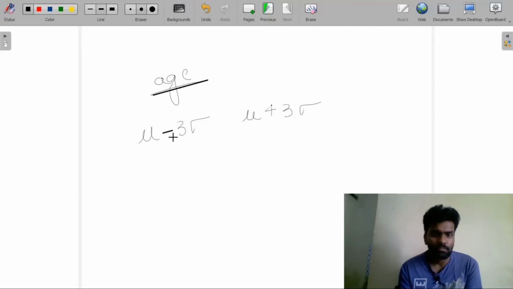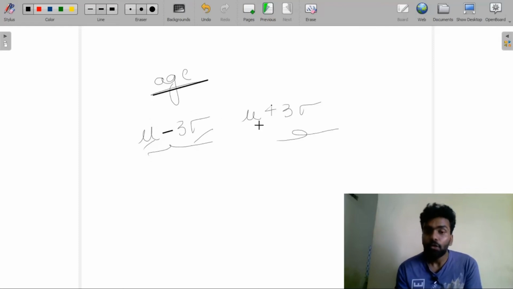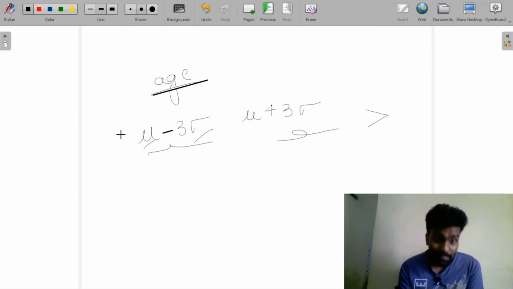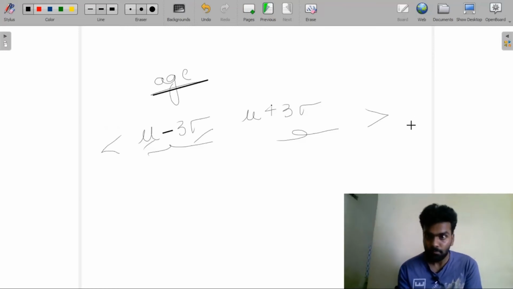If you have the data, you can find the mu and sigma, and using that you can find mu minus 3 sigma and mu plus 3 sigma. Now you can remove all the values which are greater than mu plus 3 sigma and less than mu minus 3 sigma.